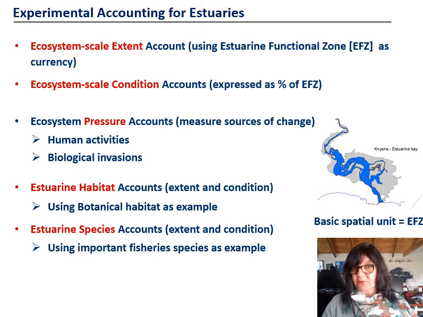We had ecosystem pressure accounts, which we subdivided into those accounts reflecting the impact of human activities such as flow and pollution on the estuaries, and also looked at biological invasions of fish and plants. Then we experimented with ecosystem services and developed a set of habitat accounts, which then could flow into carbon sequestration. And we also had some species accounts looking at important fishery species, for example.